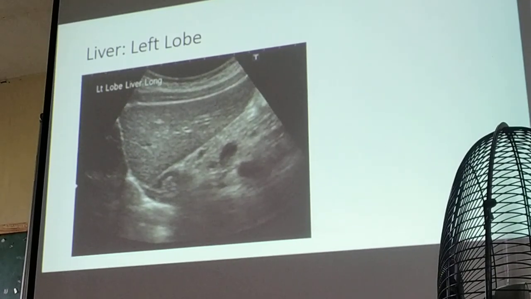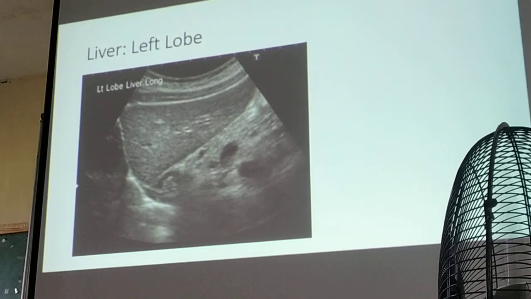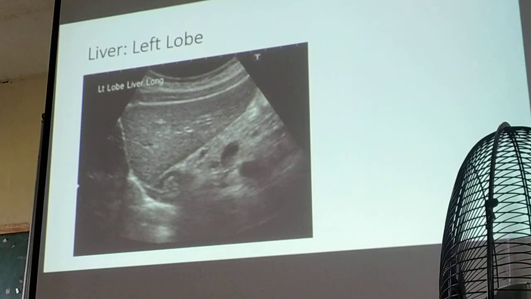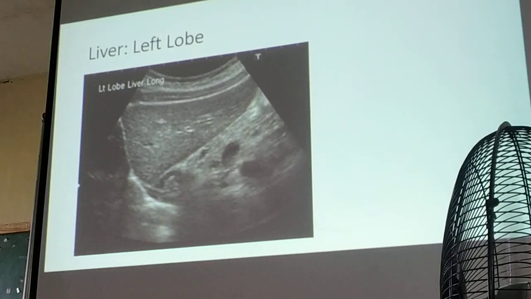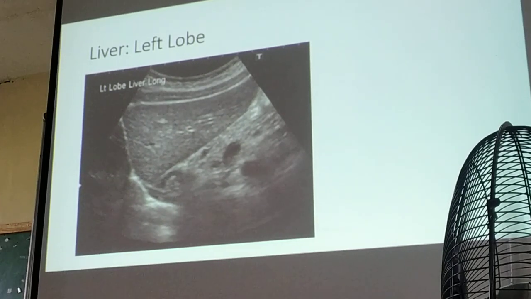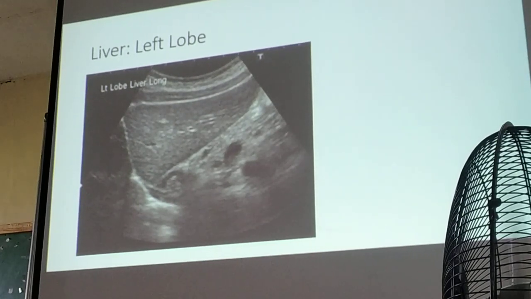Usually, we would look on the area of the liver because the liver is the largest organ, and the possibility for liver injury would be very high. So we would look for fluids within the liver. Okay, the other part would be your spleen.